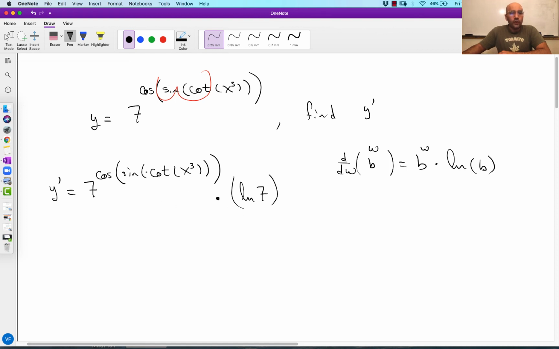And now we have to pay the price for pretending this was just a single letter. We have to then multiply it times the derivative of that exponent that we were just pretending was a single letter. So next we have to figure out the derivative with respect to x of that exponent, which is cosine of sine. Here, let me erase this.